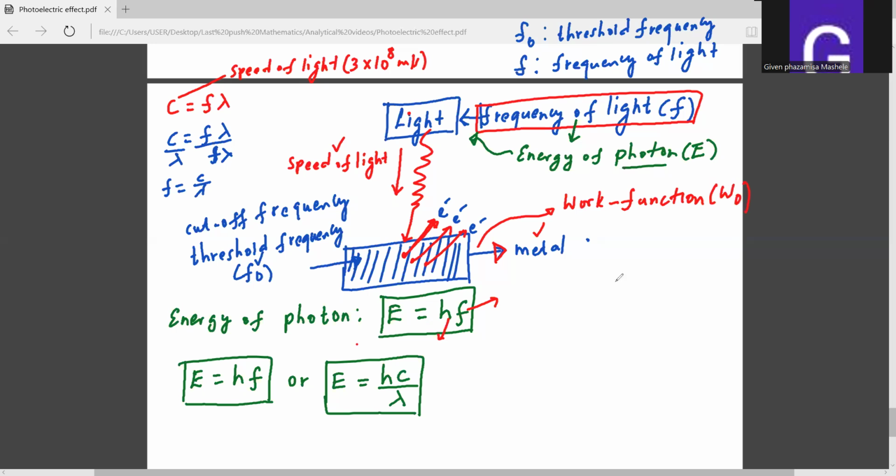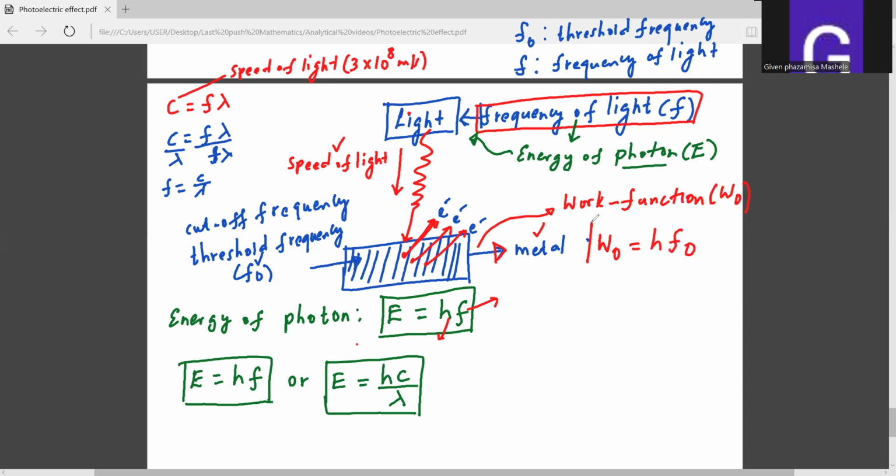What is the work function? The work function is the minimum energy that is needed to eject an electron from the metal surface. So the work function depends on the metal, not on the light. And to calculate the work function, we use the formula W naught equals h multiplied by f naught.